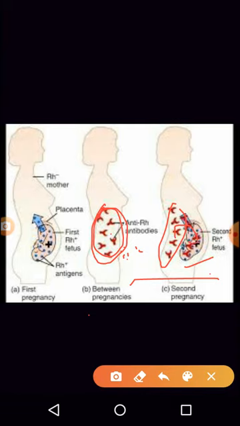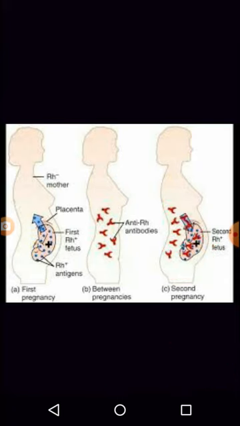That is the work of the specific antibodies: they attack the antigens, form antigen-antibody complexes, and ultimately destroy the RBCs, resulting in hemolysis, the disruption of the RBCs, which will result in anemia. Obviously the child would die, isn't it?